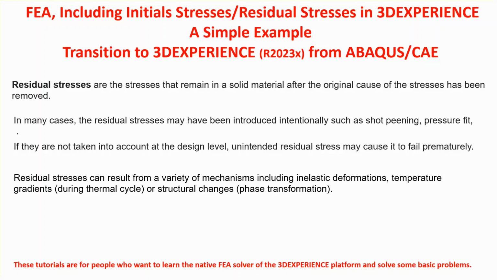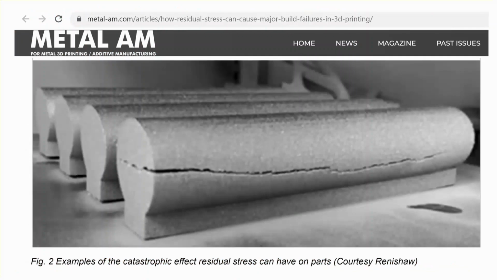Among them, there is a thermal cycle, just like I explained to you, for example, or phase transformations in the object. Here's a situation where you can see that a part that has been made using the additive manufacturing of metal, because of the presence of residual stress, has actually cracked by itself. You can see that. Okay.